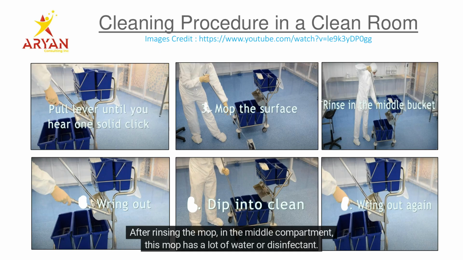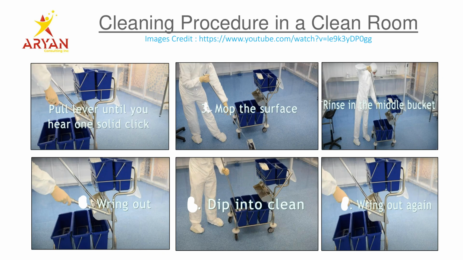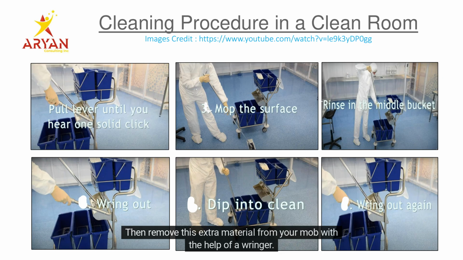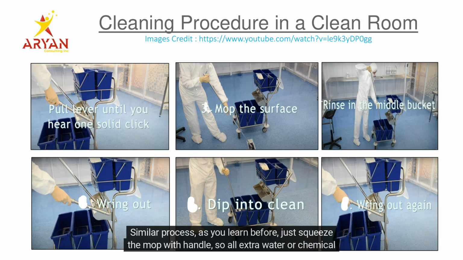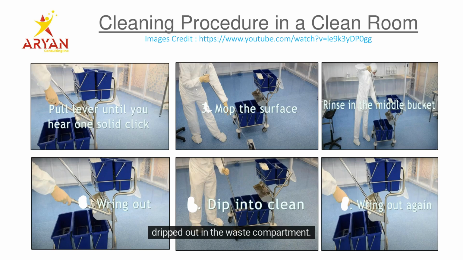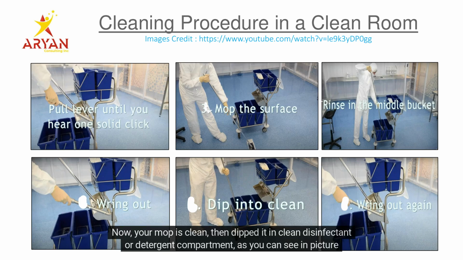After rinsing the mop in the middle compartment, this mop has a lot of water or disinfectant. Then remove this extra material from your mop with the help of a wringer. Similar to the process you learned before, just squeeze the mop with the handle so all the extra water or chemical drips out into the waste compartment. Now your mop is clean.